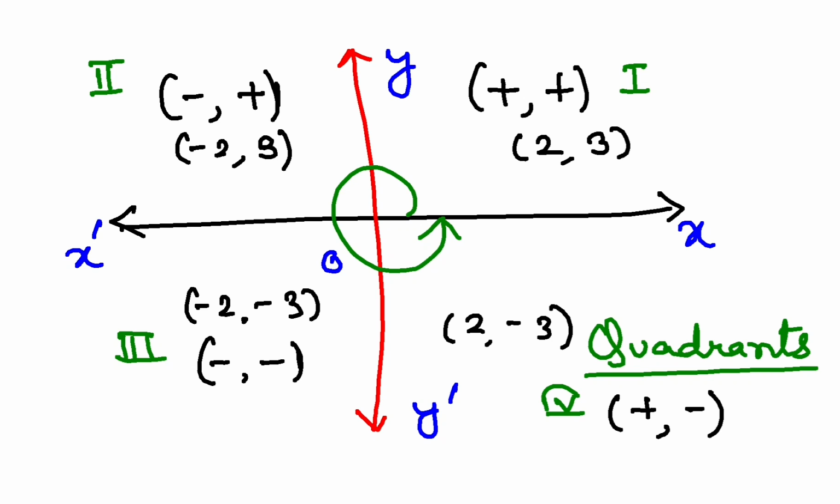Alright, so these are all basics that we have already learned in class 9, right? We are just revising it today. Now after this we have to learn the concept of coordinates. Coordinates means a point is normally written like this, isn't it? Suppose 4 comma minus 5.